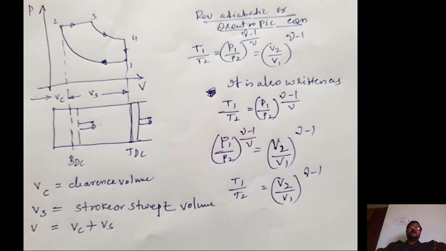If you write the process 3 to 4, it becomes T3 by T4, which is V4 by V3. Like that, by changing the subscripts for the particular process. This equation is only applied for the reversible adiabatic or isentropic process, not for others. Okay.